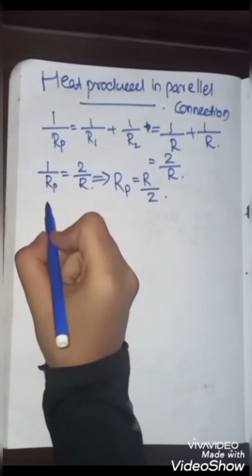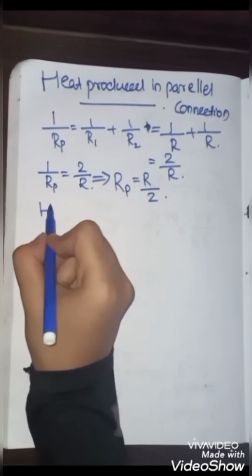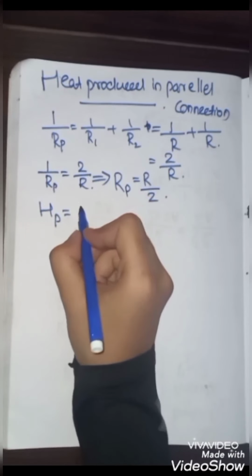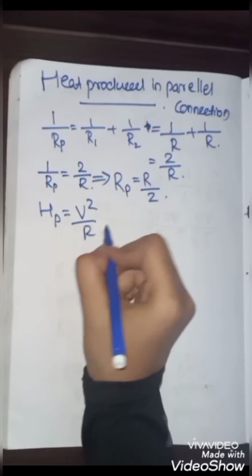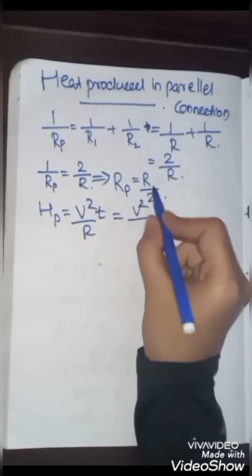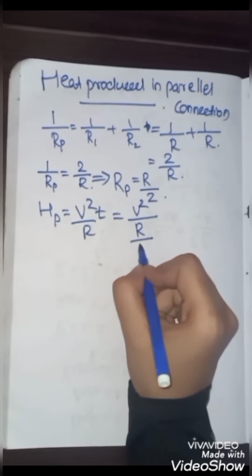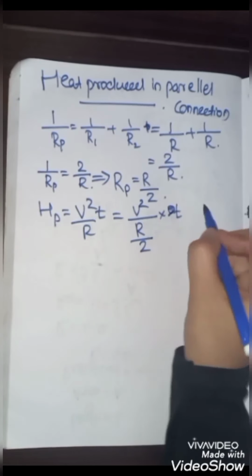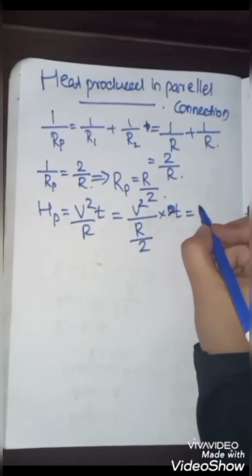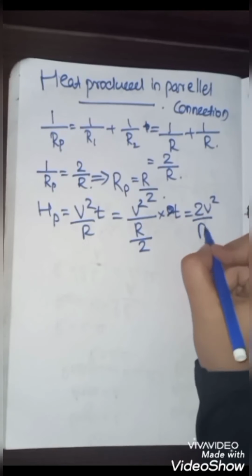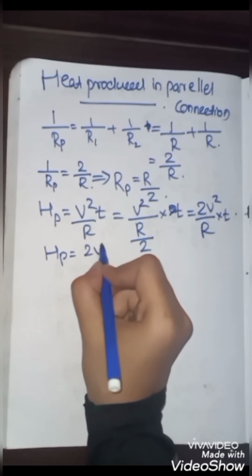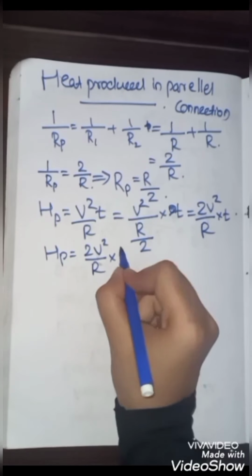Then what is the heat produced in parallel connection? It can be denoted by Hp. Hp is equal to V square by Rp into T, that is V square by R by 2 into T. The denominator's denominator becomes the numerator. Therefore, Hp is equal to 2V square by R into T.